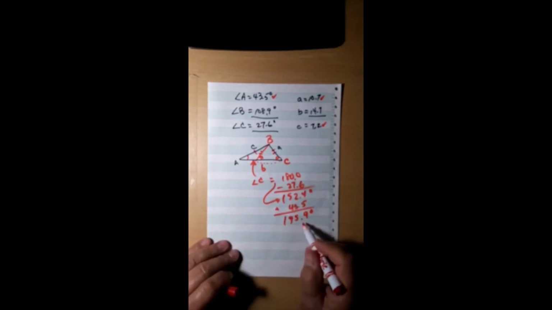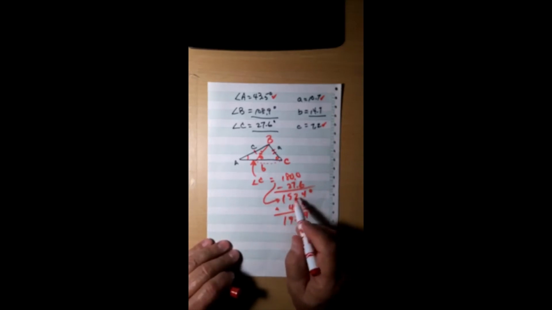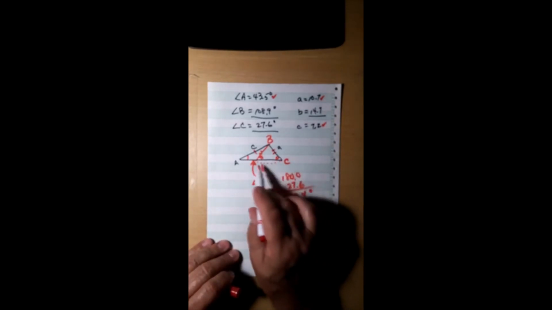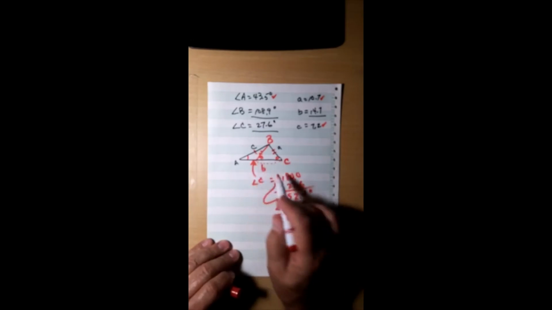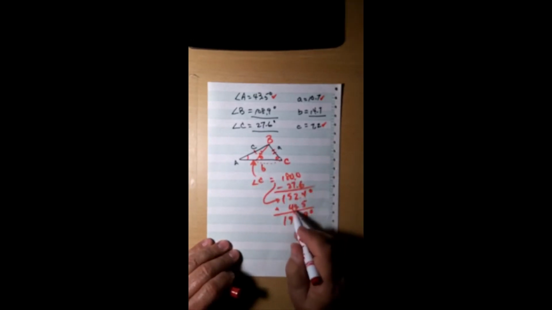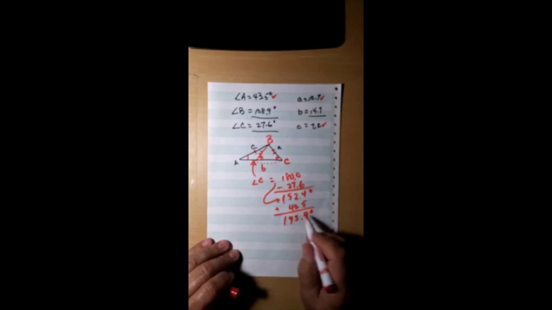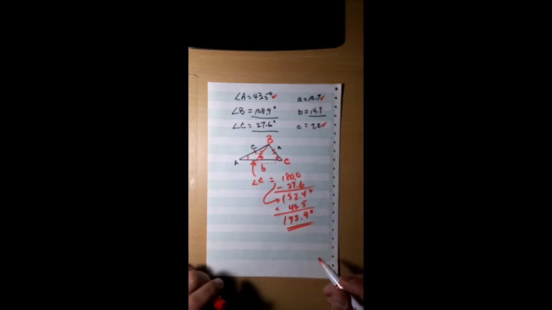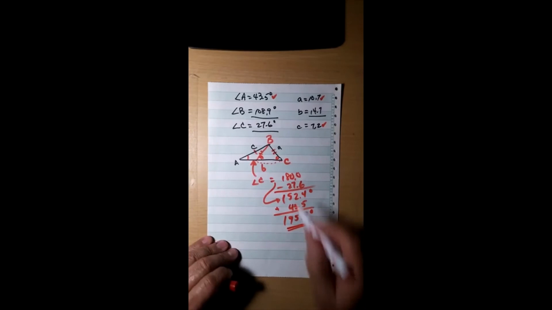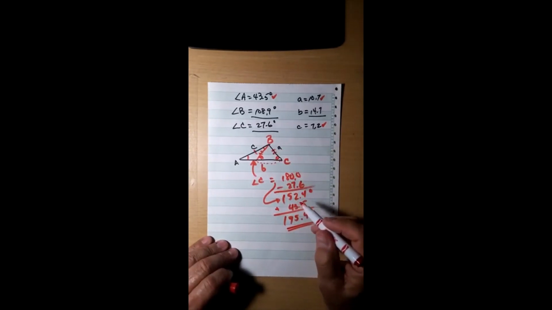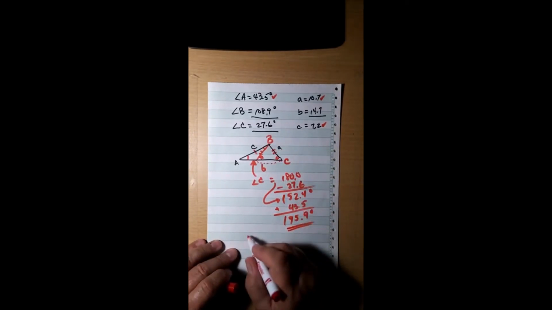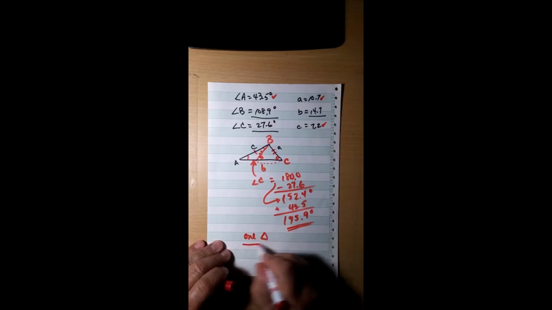Well, that's too big. We can't reduce 152.4. This is how we would get it. That's 180 minus... We can't change the 43.5. That was given. Therefore, we don't have enough room even for these two, let alone an angle B. So there is one triangle.